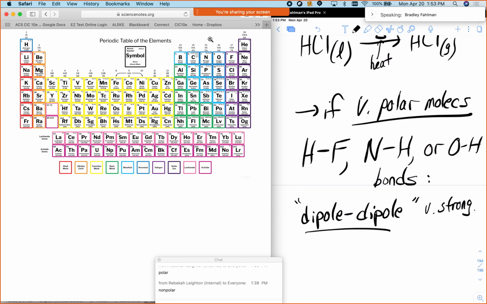A very strong type of dipole-dipole bonding actually has its own name. These are called hydrogen bonds.